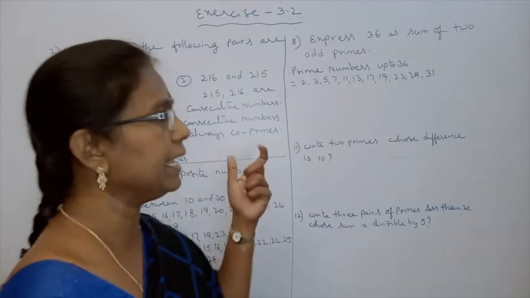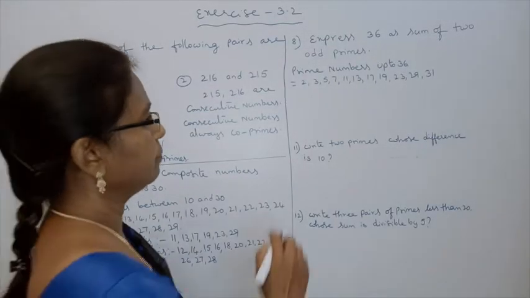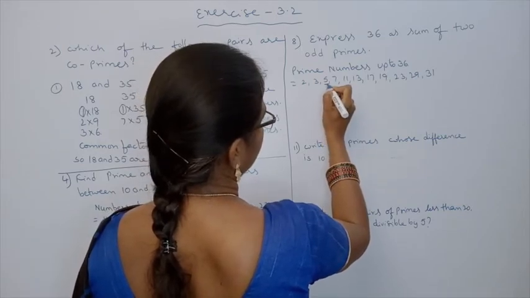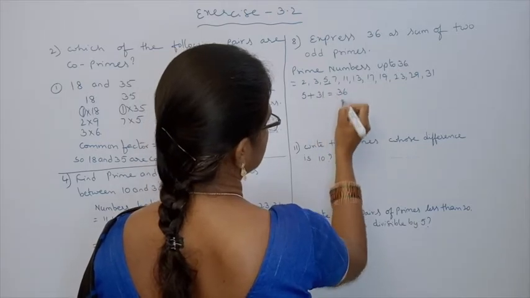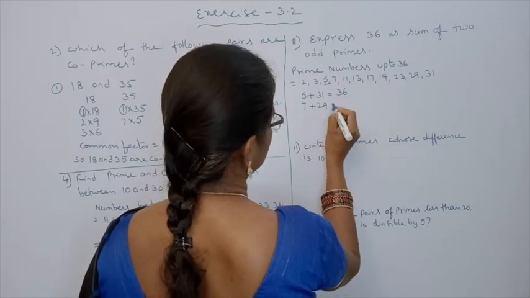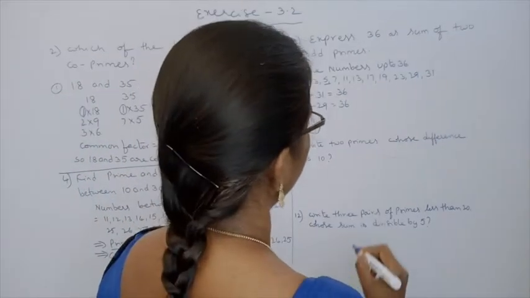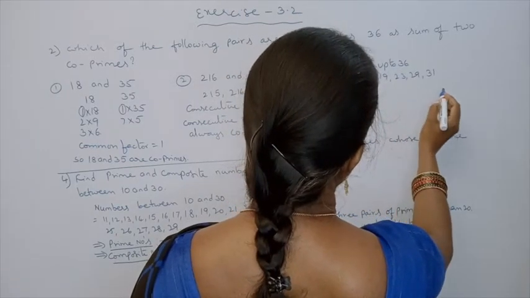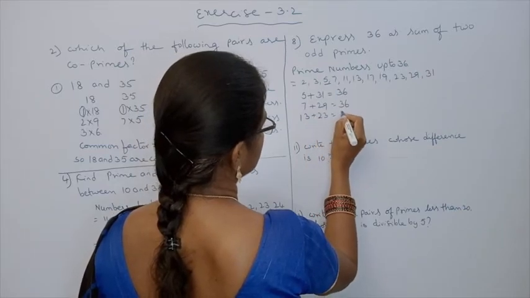Now, if you add any two prime numbers, you have to get 36. See: 5 plus 31, 36. 7 plus 29, 36. 13 plus 23, 36.